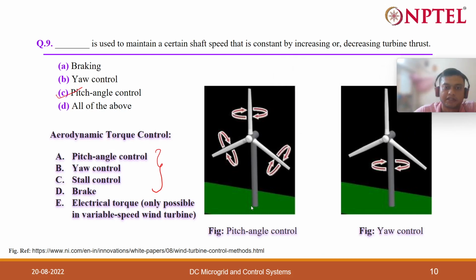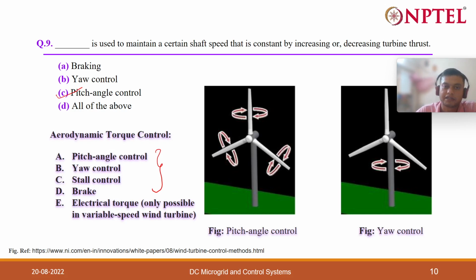From this figure you can easily see what the pitch angle control means and what the yaw control means. Pitch angle control means you are varying the blade angle of the wind turbine, and yaw control means you are adjusting the entire wind turbine in the horizontal axis, so that you can extract the maximum power.